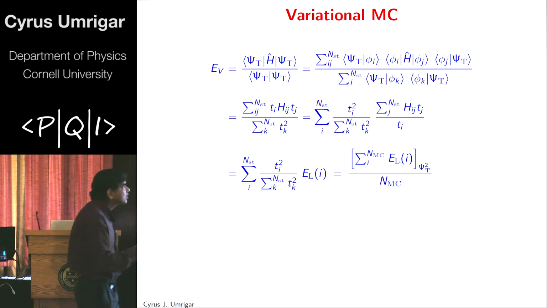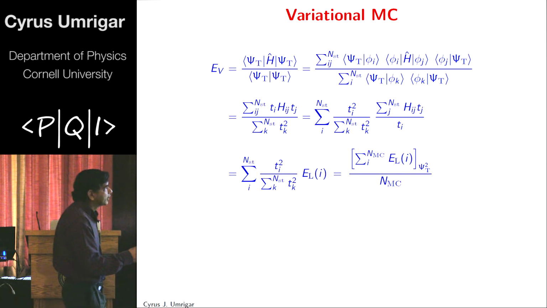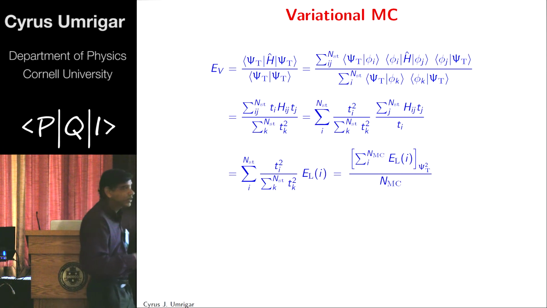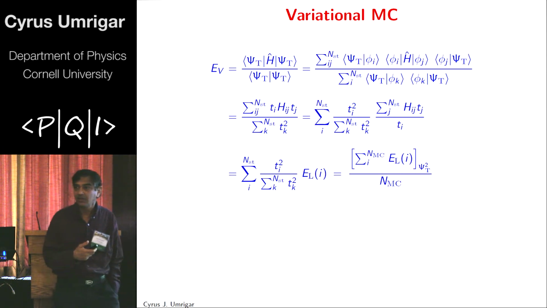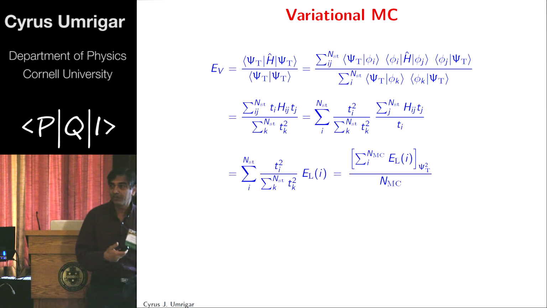As my wave function gets better and better, this quantity called the local energy becomes the energy, because if I have an eigenvector, then when I perform the sum, I get the energy times T_i in the numerator, and I'm left with just the energy. So as I improve the trial wave function, a single Monte Carlo point becomes enough to get the energy.